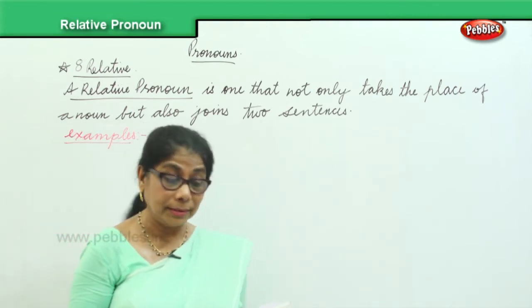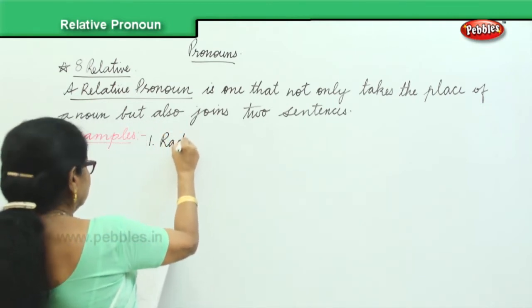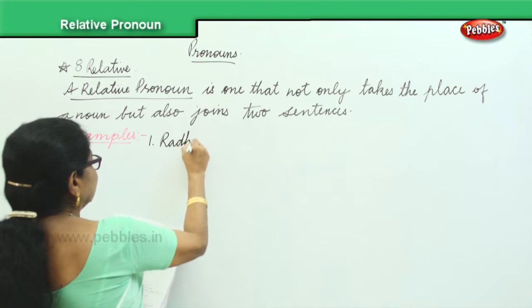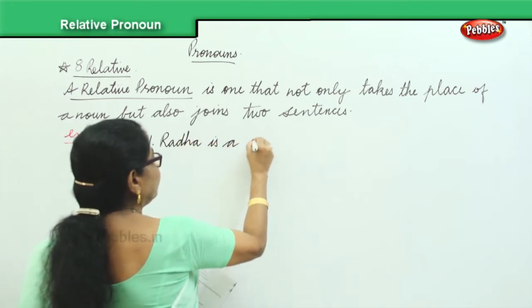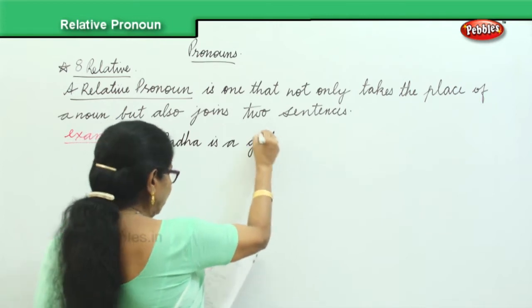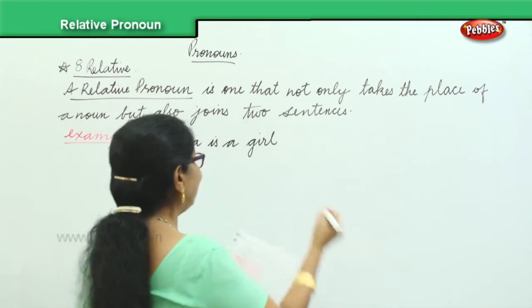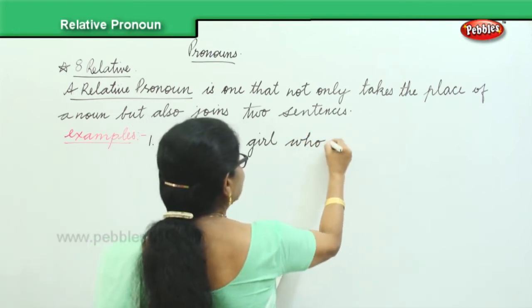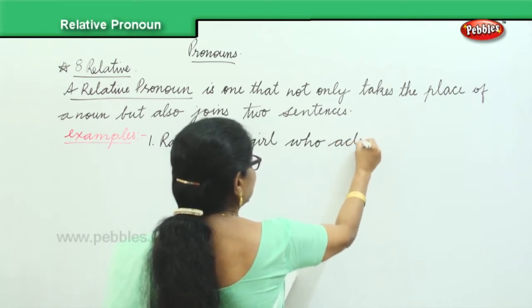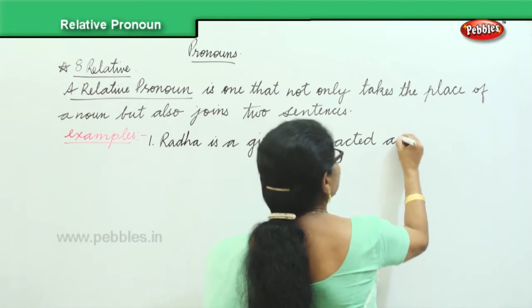Radha is a girl. A girl who acted as the queen.